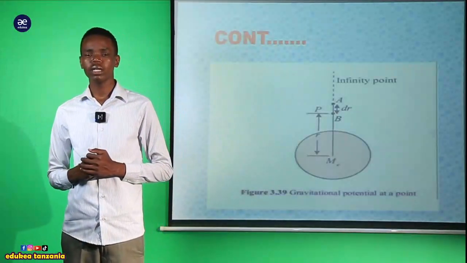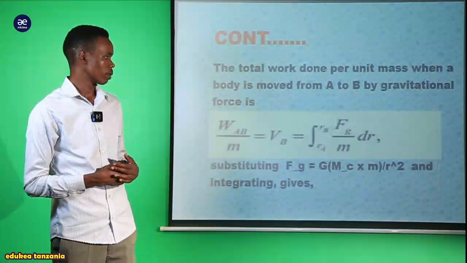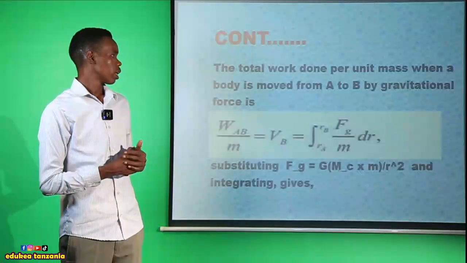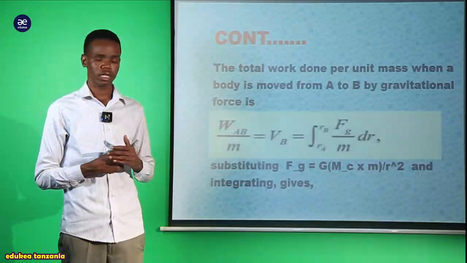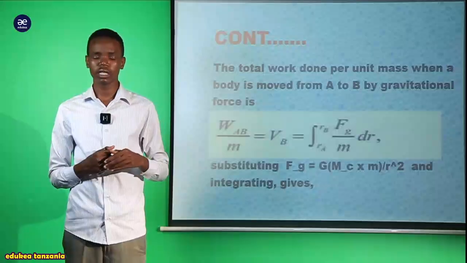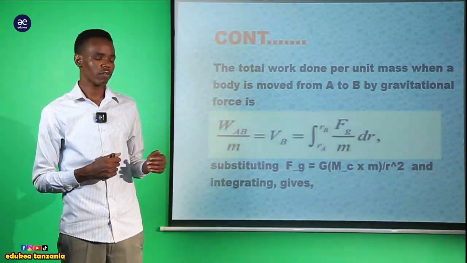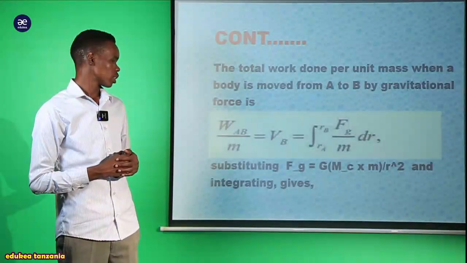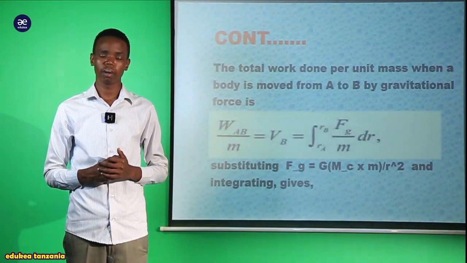After observing this figure, what we are going to look at is that the total work done per unit mass when the body is moved from A to B by gravitational force. The work done per unit mass required to remove the body from the point A to the point B by the gravitational force is given by WAB divided by the mass.